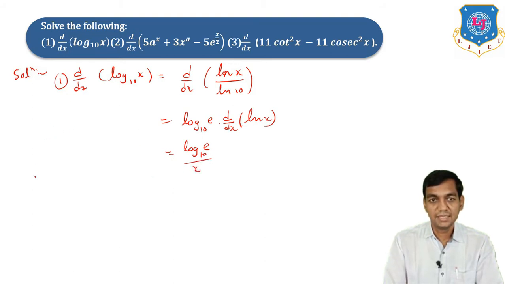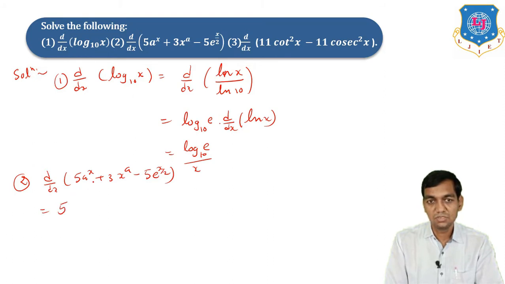Same manner, second example, d by dx of 5a raised to x plus 3x raised to a minus 5e raised to x by 2. Now see, 5 is constant, a raised to x has a derivative a raised to x into log a base e.